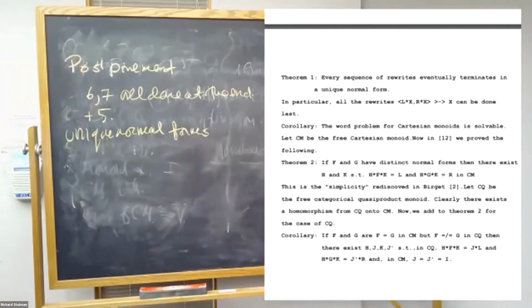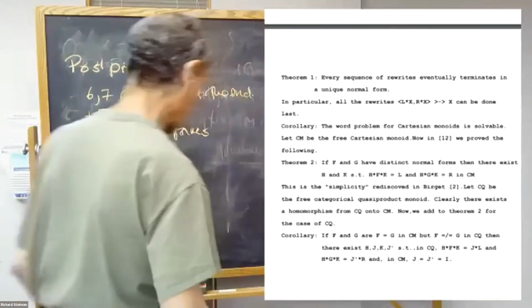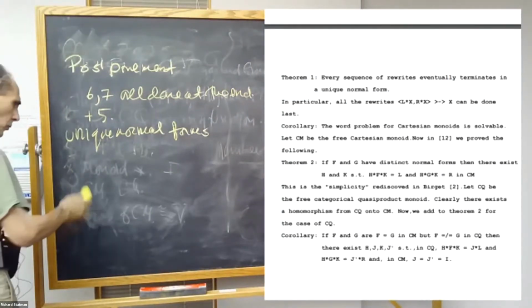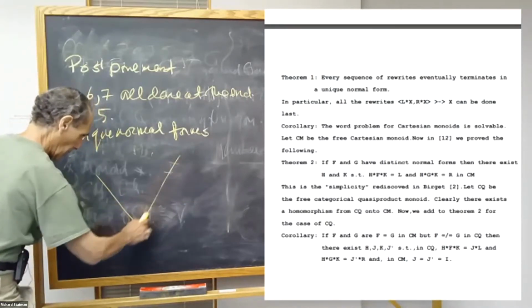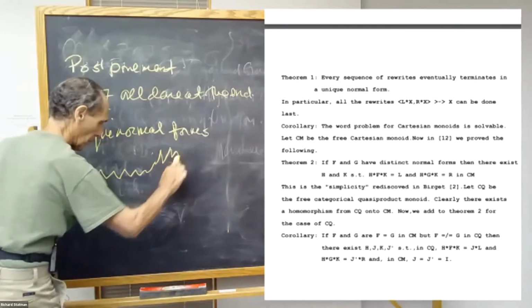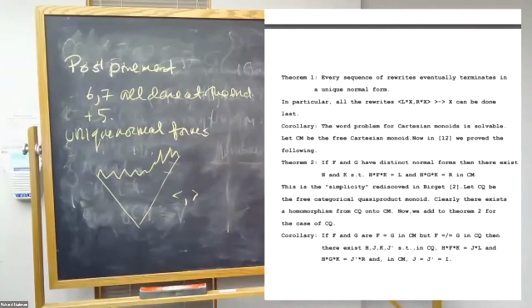And let me emphasize here that the normal forms have a really nice, very pleasant structure, because of the distributive law. So normal forms look like the following. There's a binary tree built up using the pairing operation.